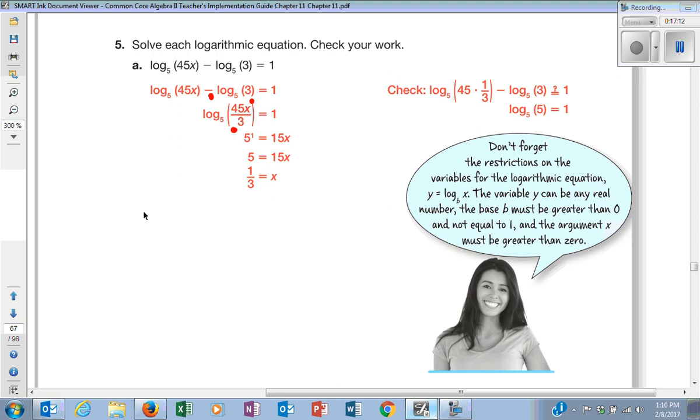I can get rid of the log by taking 5 to the first power equaling that, which is what they did here. I then know that 5 to the first power is just 5, and 45x divided by 3 reduces to a 15x. 3 goes into 45 15 times, and I'm left with x. I then divide by 15, and simplify it's 1/3, and check my solution.